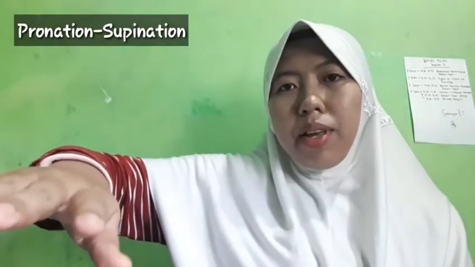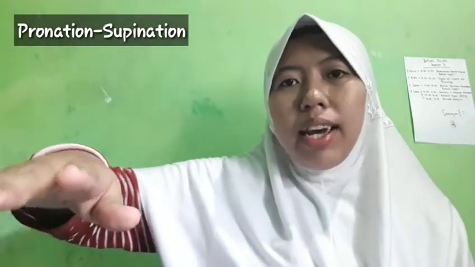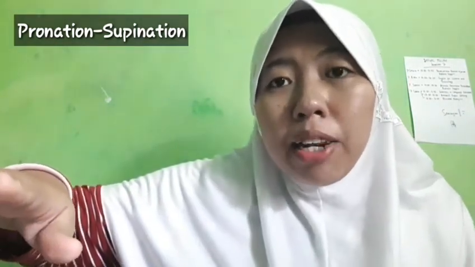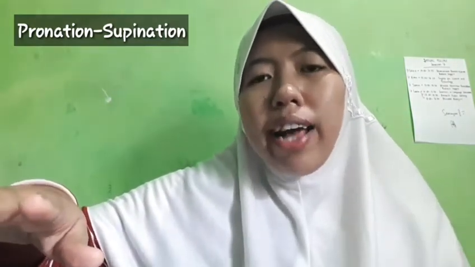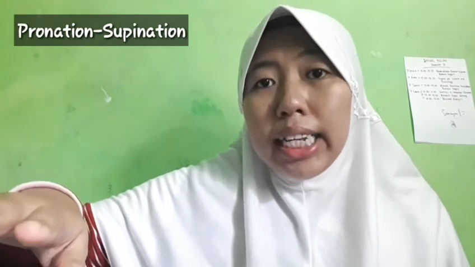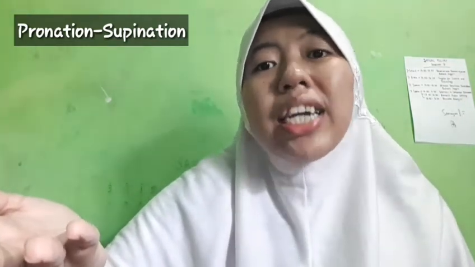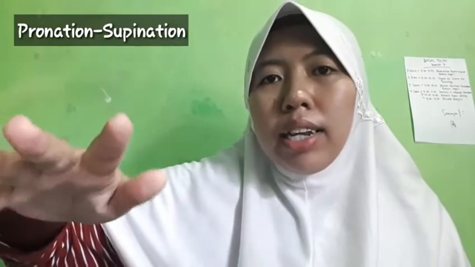This is pronation. It means rotating the forearm so the palm is facing backward or down. And this one is supination. That means rotating the forearm so the palm is facing forward or up. This one is pronation. This one is supination.